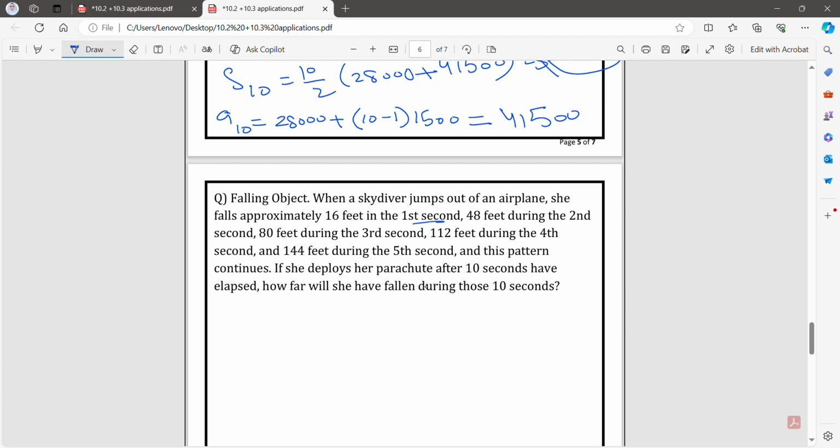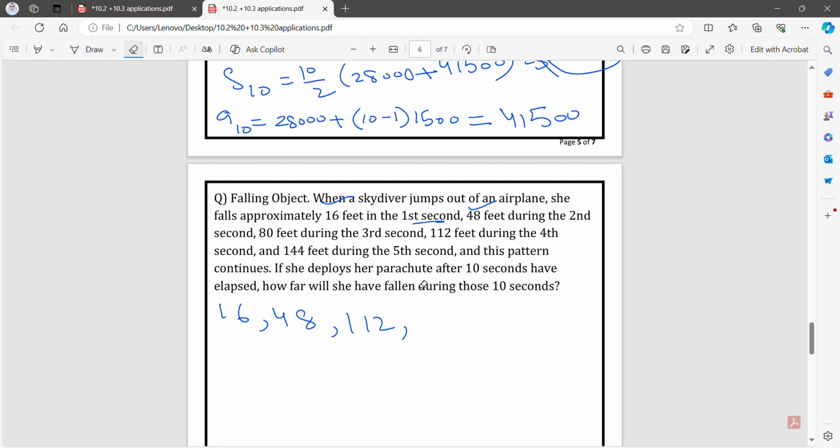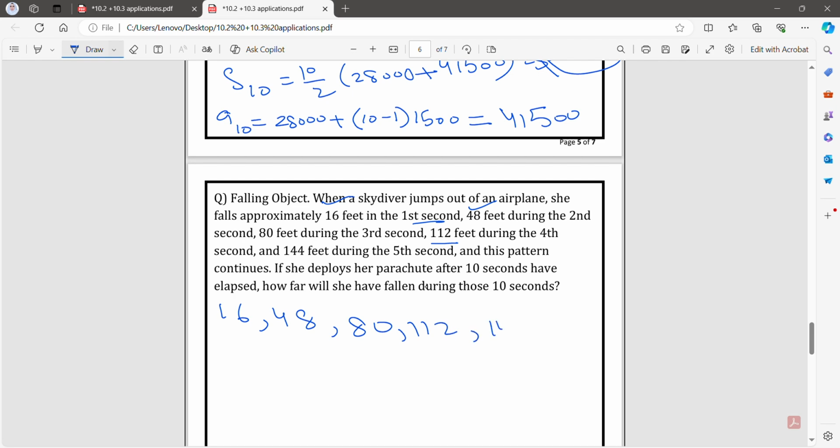First second is 16, second is 48, third is 80, fourth is 112, and the fifth is 144, and so on, right?